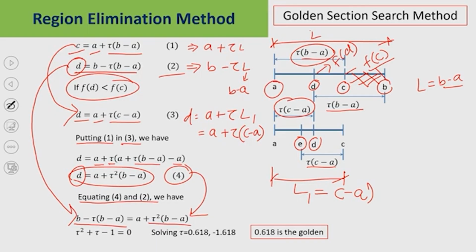And if I simplify this, finally I am getting this quadratic equation, that is tau square plus tau minus 1 equal to 0. And if I solve this equation for tau, what is the value of tau? Tau is 0.618 and minus 1.618.